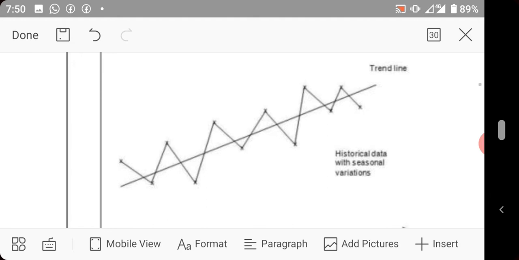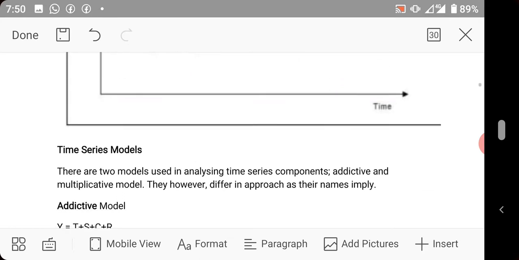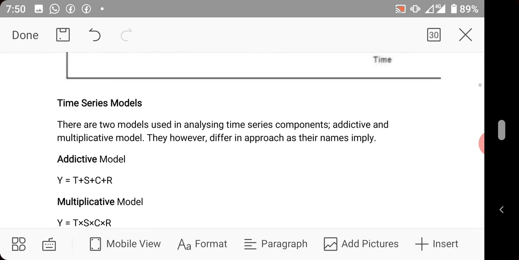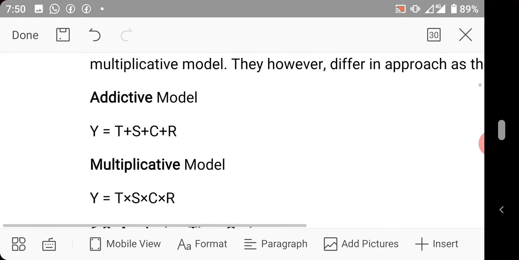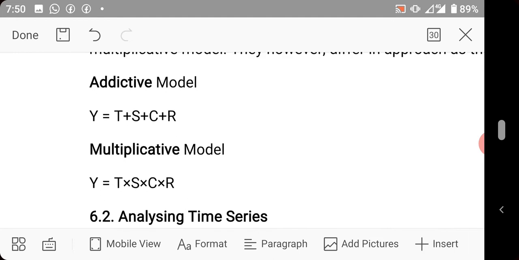But we can also determine a trend using time series analysis. Good. Now there are two models under time series analysis. The first one is additive model and the second one is multiplicative model.